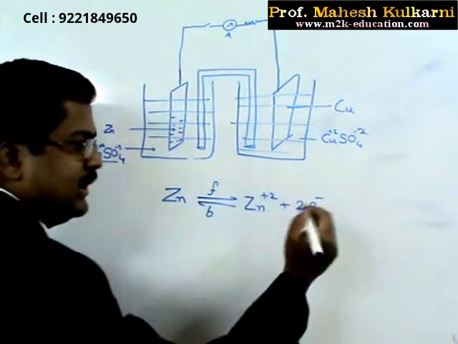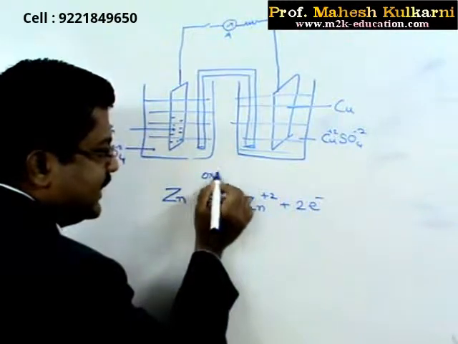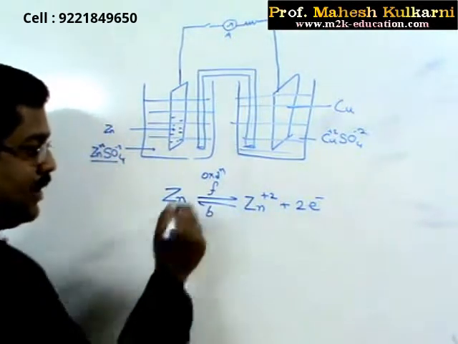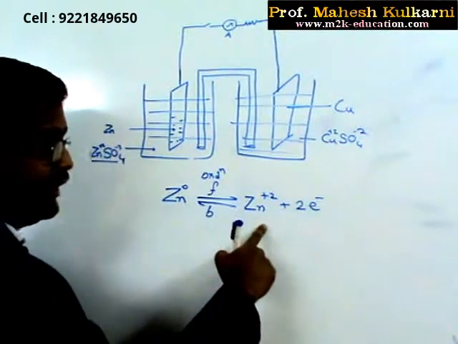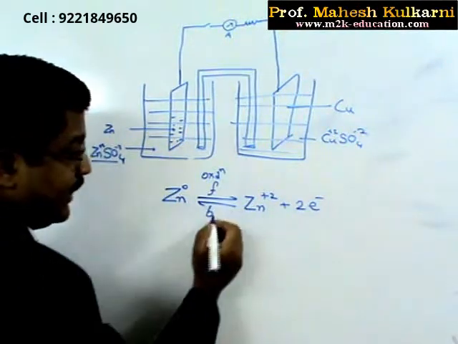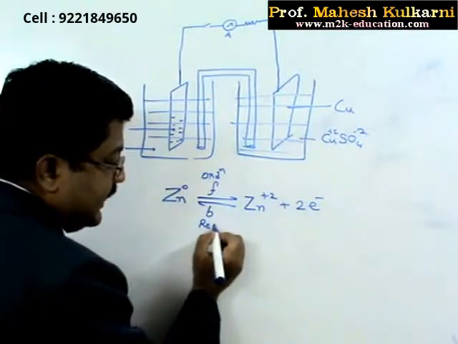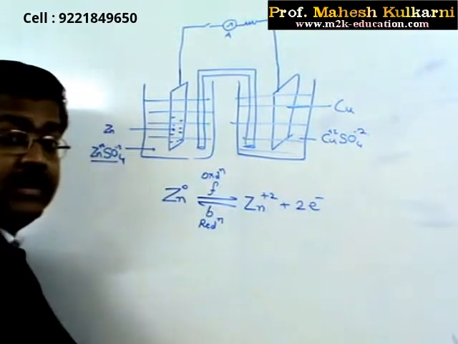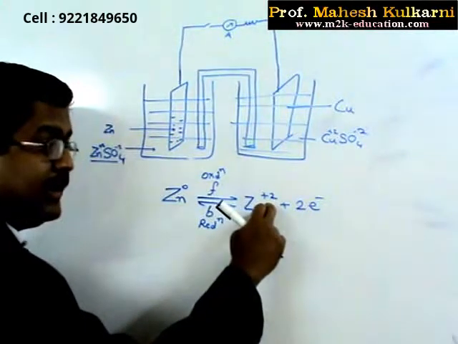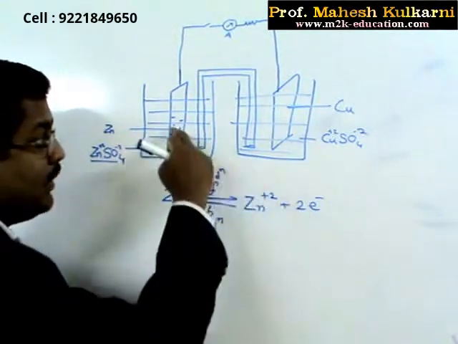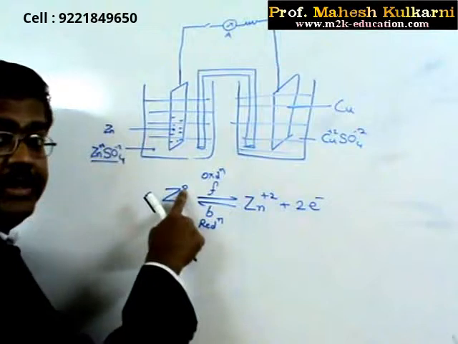The forward reaction is called the oxidation reaction, because zinc initially has oxidation number 0 and is converted into plus 2. Whereas the backward reaction is called the reduction reaction, because its oxidation number is plus 2, and by accepting electrons from the plate it is converted into oxidation number 0.